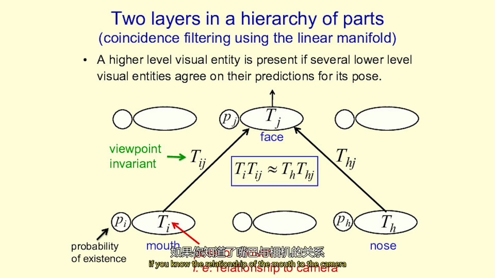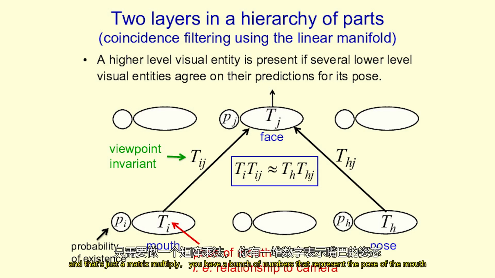Then, if you know the relationship of the mouth to the camera, and you know the relationship of the mouth to the face, you can predict the relationship of the face to the camera. And that's just a matrix multiply. You have a bunch of numbers that represent the pose of the mouth.